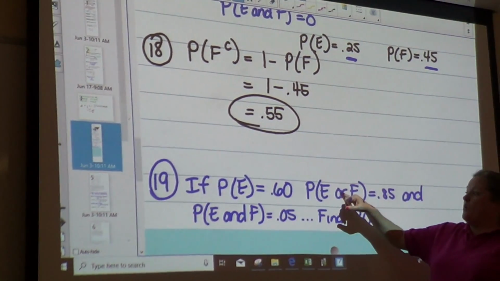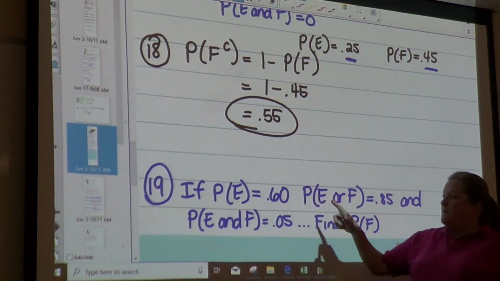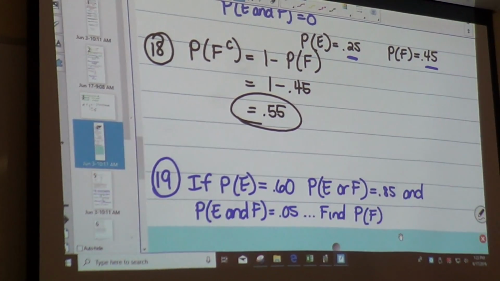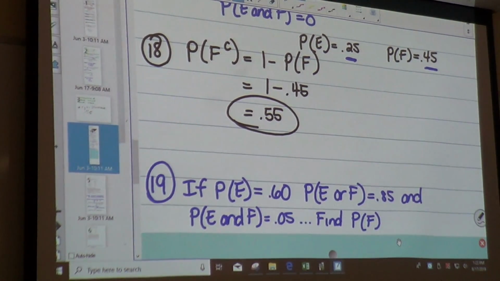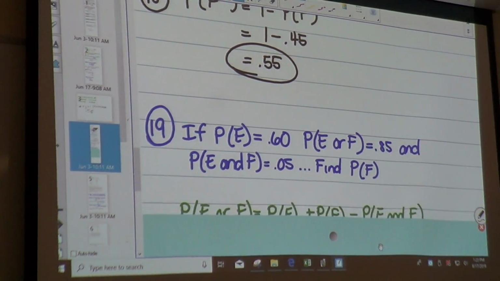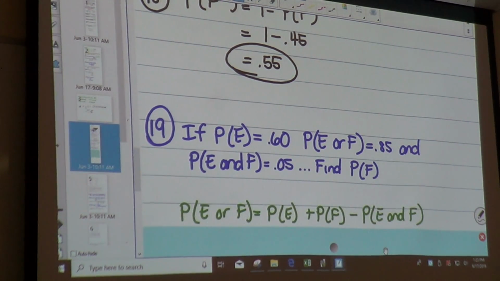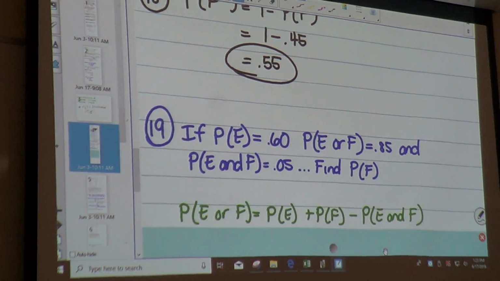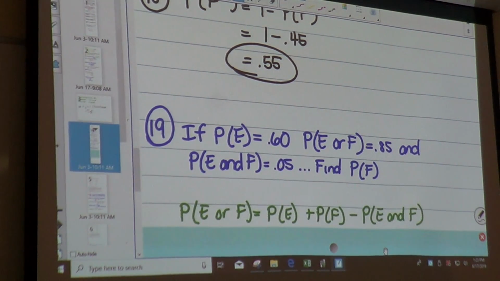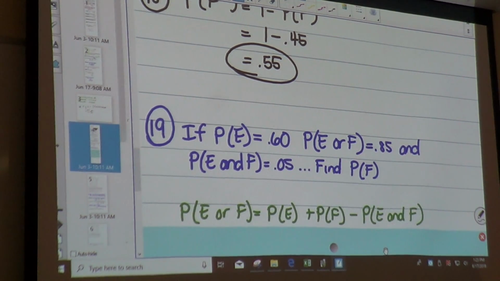The probability of the OR is going to be the probability of them individually added up minus the overlap. Here's the formula. So you've got to fill in what you know and solve it.